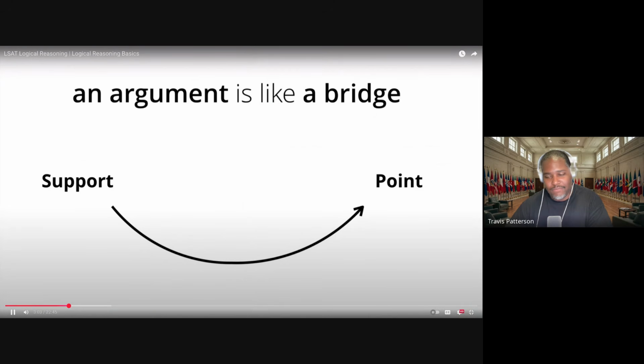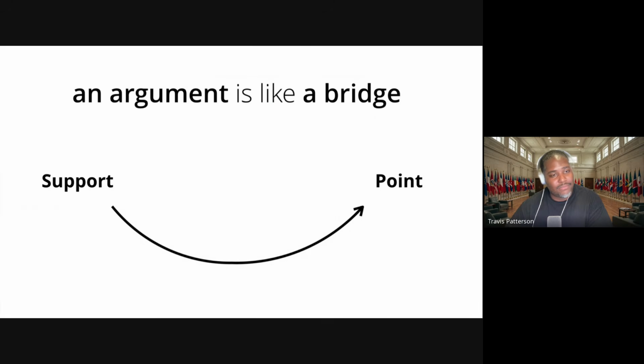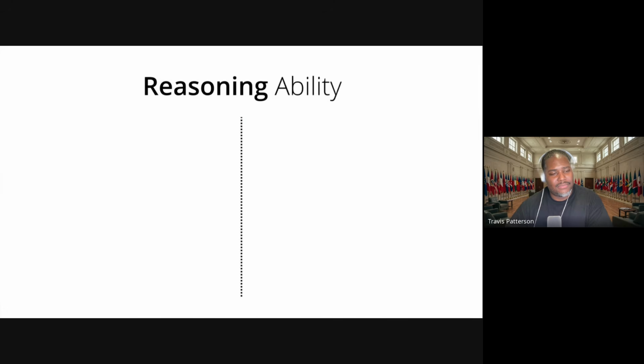Over again, the LSAT is going to require you to see this relationship correctly. It's going to reward you if you're able to do so, and it's going to punish you if you are inconsistent or if your understanding is not as clear as it ought to be. When it comes to reasoning ability, you can also put all the challenges into two big buckets.